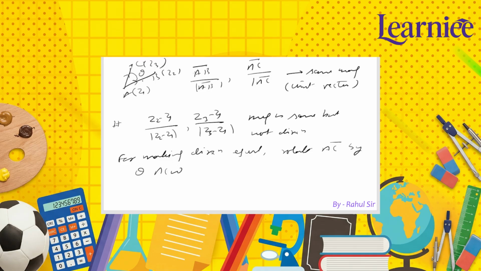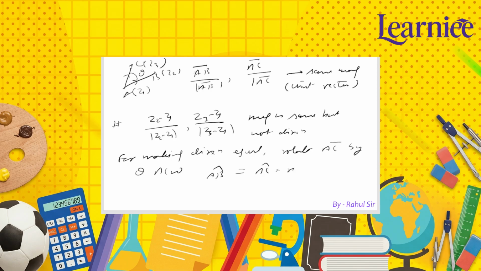So if we rotate AB by angle theta, we turn out to be AC. Magnitude-wise, this is the AB unit vector and this is the AC unit vector. If we rotate AC by theta, then we turn out to be AB. The magnitude of the AB unit vector and the AC unit vector is the same.